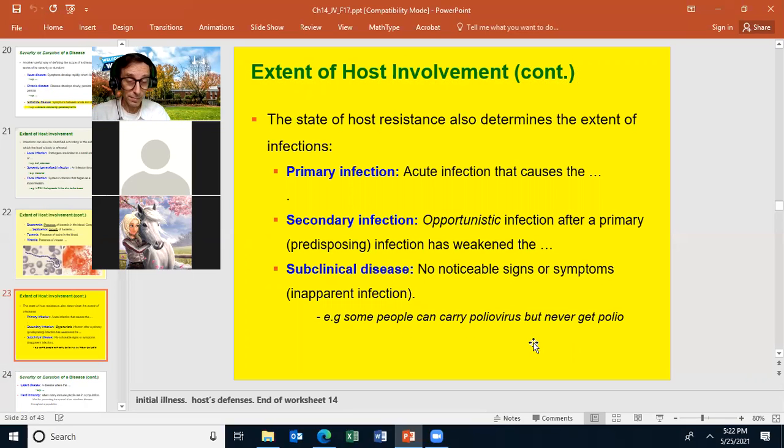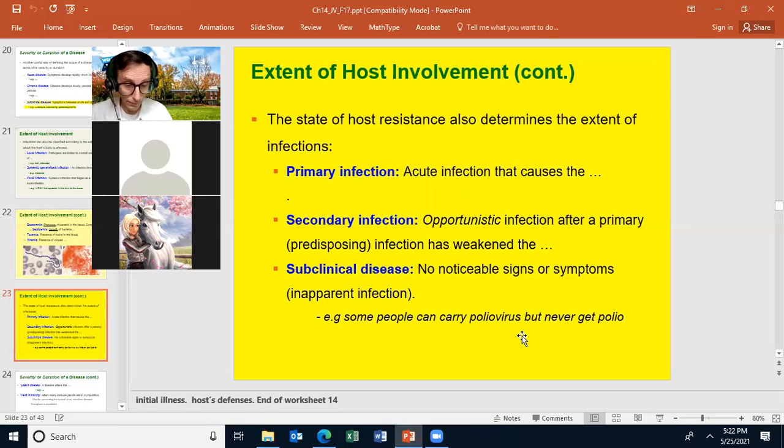But that doesn't mean that they can't spread it to others. A subclinical disease has the infective agent, and they can spread that disease to other people. And the second person who gets infected may not have a subclinical disease. They can have an actual disease.